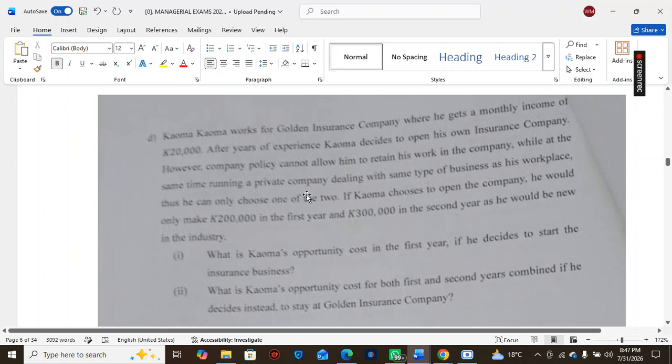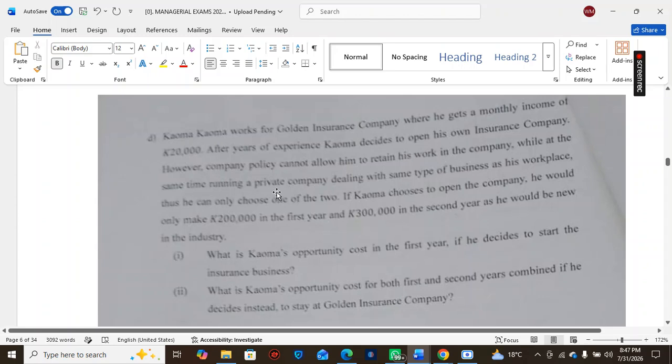All right, part D. Kaoma works for Golden Insurance Company, where he gets a monthly income of 20,000. After years of experience, Kaoma decides to open his own insurance company. However, company policy cannot allow him to retain his work in the company while at the same time running a private company dealing with the same type of business as his workplace.